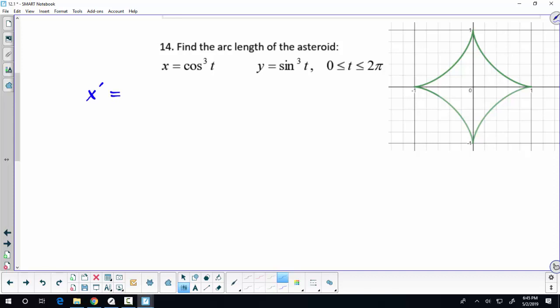But x prime, or f prime, the derivative of cosine cubed, is 3 cosine squared times negative sine. And y prime is 3 sine squared times cosine.